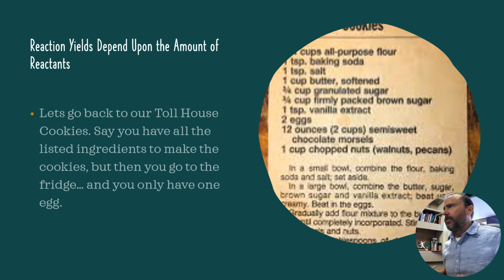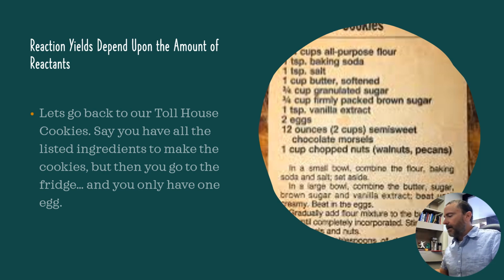You've got plenty of flour, your baking soda, your salt and everything, and then you notice, oh man, I only have one egg. Well, that egg is going to limit the amount of cookies that you can make. You can't make the full batch because you only have one egg. If you only have one egg, you can only make half a batch of cookies.